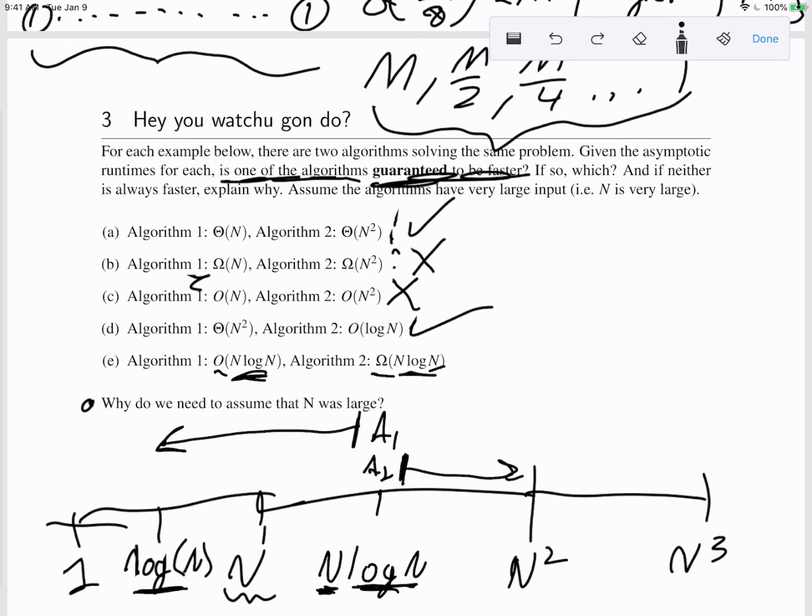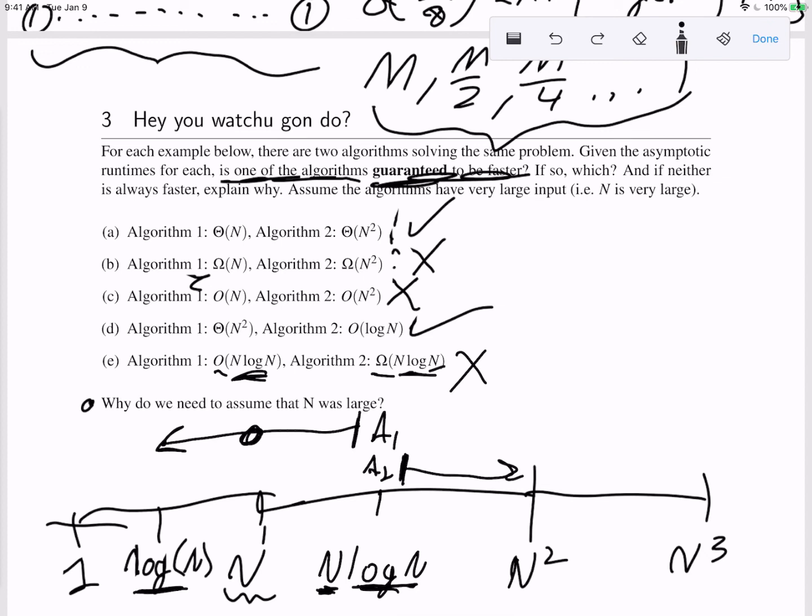You might be tempted to say that algorithm 1 is faster because it might lie on this side, but we can't guarantee anything, right? It could be that algorithm 1 and algorithm 2 are both theta of n log n, in which case none of them is faster or slower than the other one. They're the same asymptotic speed. So x here as well. So the only two cases where we can guarantee them were part D and part A.